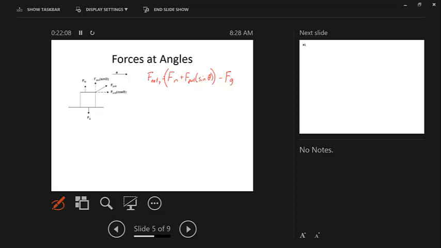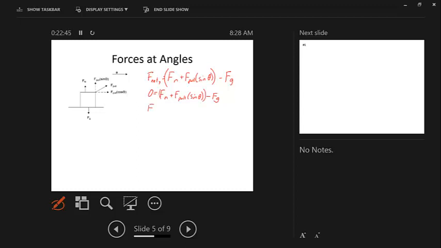So in this one, if I wanted to find Fn, then what would you have to do? You're going to add Fg to Fnet, right? Which Fnet should be equal to 0. So 0 is equal to Fn plus F pull sine theta minus Fg. So to get Fn by itself, you would end up with adding Fg.